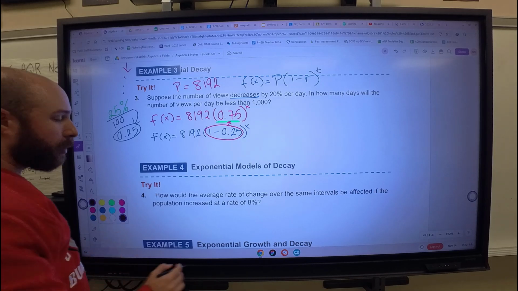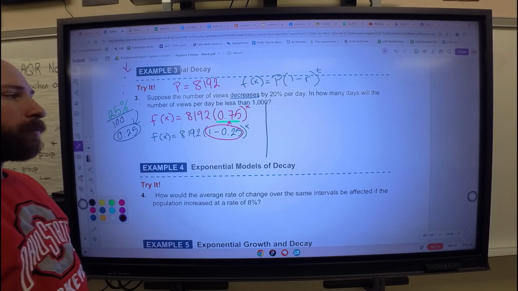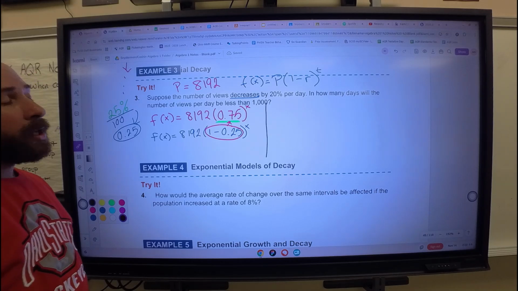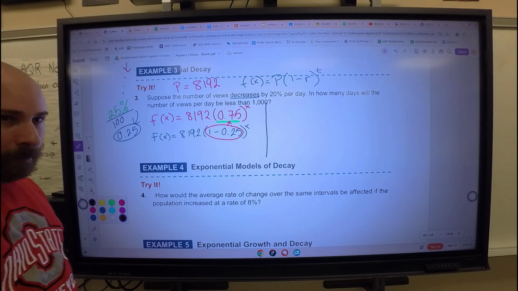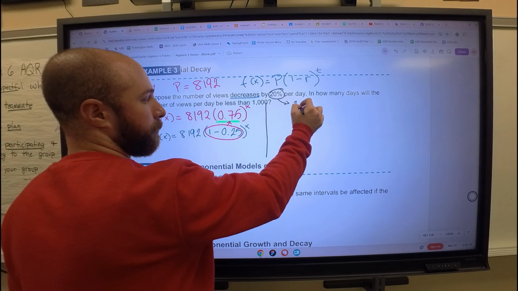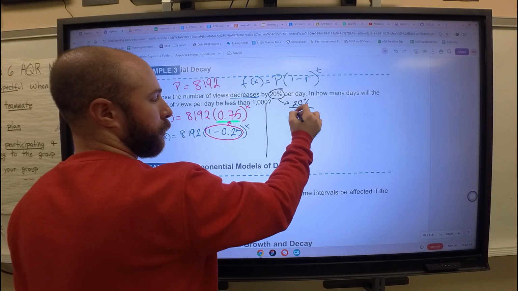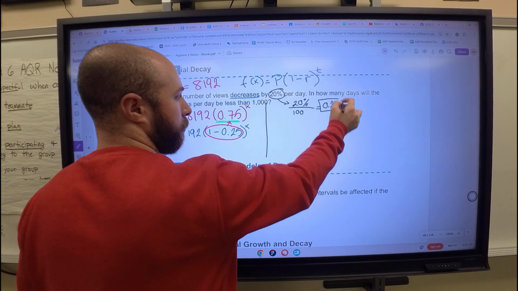Now the question itself says, hey, what if instead of decreasing by 25%, we are decreasing by 20%. So our rate is different. Okay, so first of all, let's change 20% to a decimal, and we get 0.20.